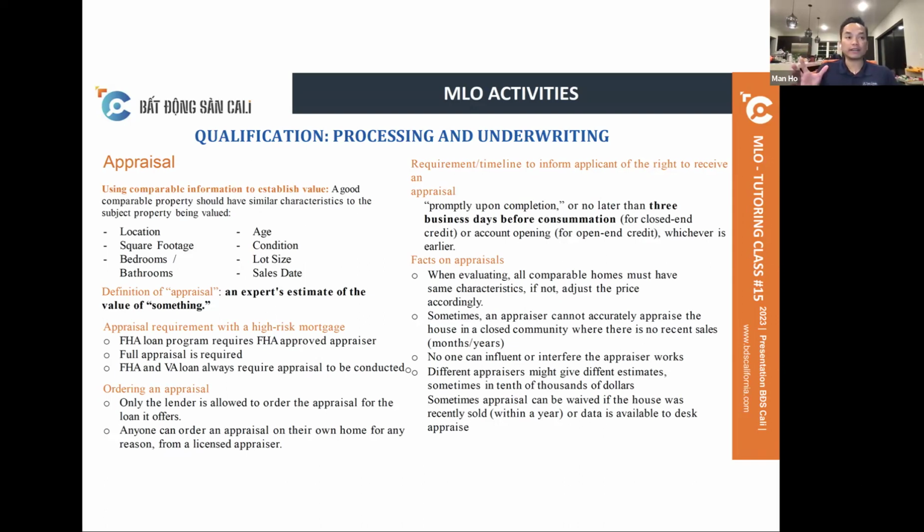And guess what? When it's $100,000 less, the bank is going to give $100,000 less in the loan amount. Then the borrower has to come in with the $100,000 difference. But that value is not correct because there's just no comp to compare with. That situation I have seen so many times.